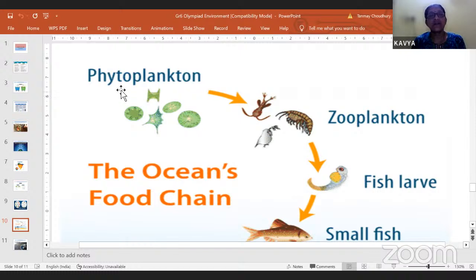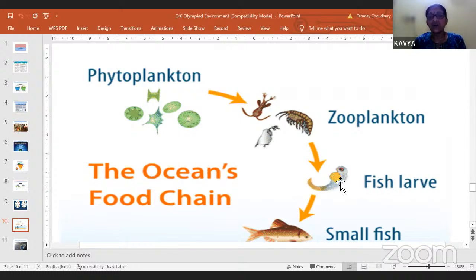For example, the planktons are of two types, phytoplankton and zooplankton. The word zoo means animal. So all these microscopic animals will form the zooplankton. All these microscopic plants will form the phytoplankton. So all these small fish or the young ones of a fish, the fish larvae, sorry, the spelling of larvae is written wrong. I could not correct it. It is larvae. Okay.